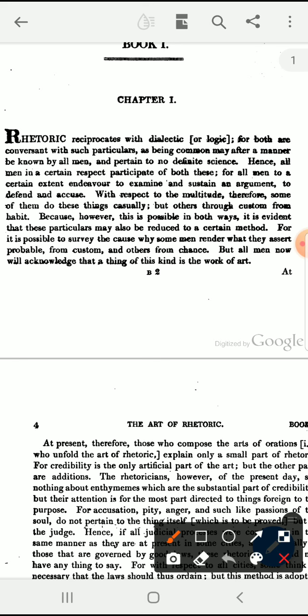He says this is a peculiar subject of study in that it is of interest to all men. It is not of interest only to men who possess a mastery and interest in some particular science, but to all men. Because the topics studied in the art of rhetoric, as in the art of dialectic, are essential to human life. It's part of our life in this world.